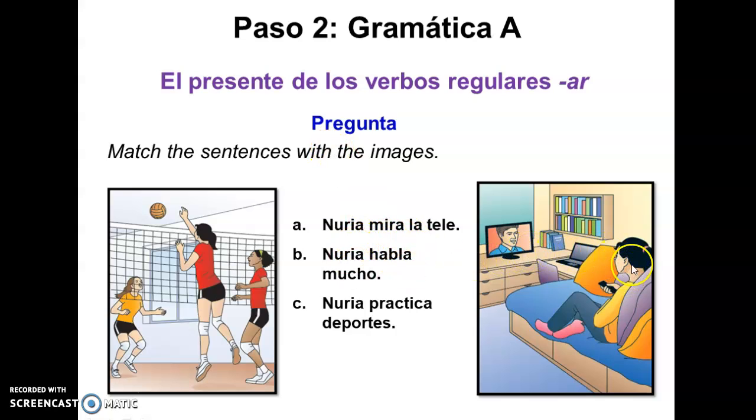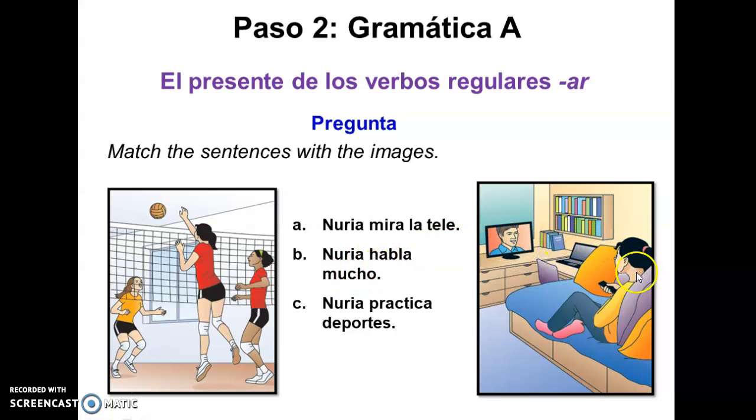For example, here, Nuria mira la tele. Okay, so we have three options. Nuria mira la tele. Nuria habla mucho. Nuria practica deportes. Which of these sentences match with the images? Okay, so mira la tele. Yes, we can see that she's watching something on TV.